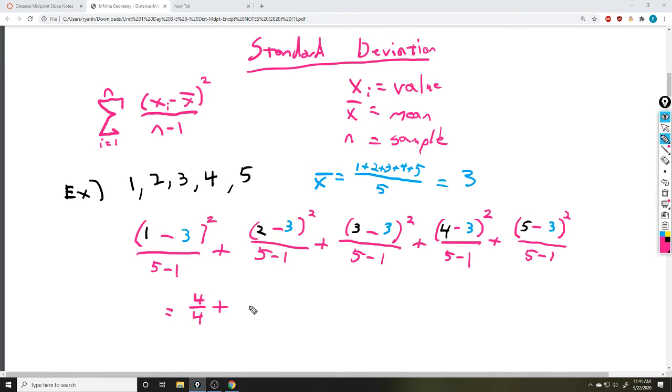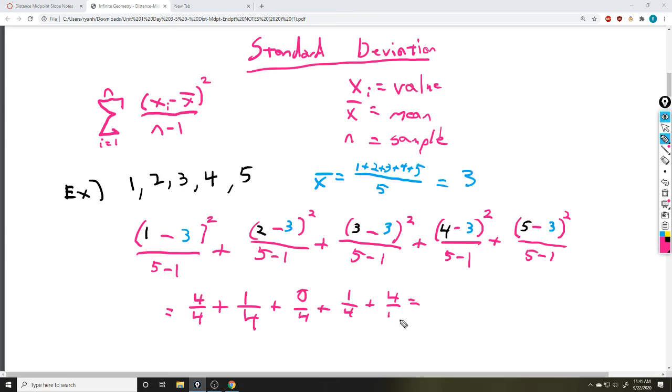It's going to be a positive 1. Over 5 minus 1 is 4. Plus 3 minus 3 is 0 squared is 0 over 4. Plus 4 minus 3 is 1 squared is 1 over 4. Plus 5 minus 3 is 2 squared is 4 over 4.